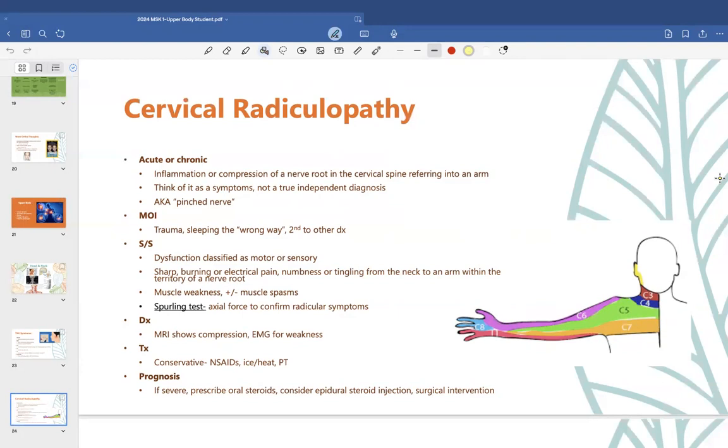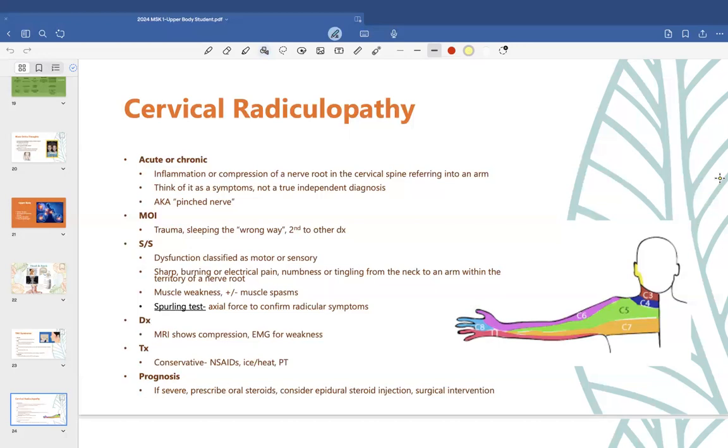My opinion is that cervical radiculopathy is not a diagnosis. It is a symptom of what's happening at the origin point. So radiculopathy is a symptom. If you go to urgent care, if you go to some orthopedist, they'll write as your diagnosis, cervical radiculopathy.